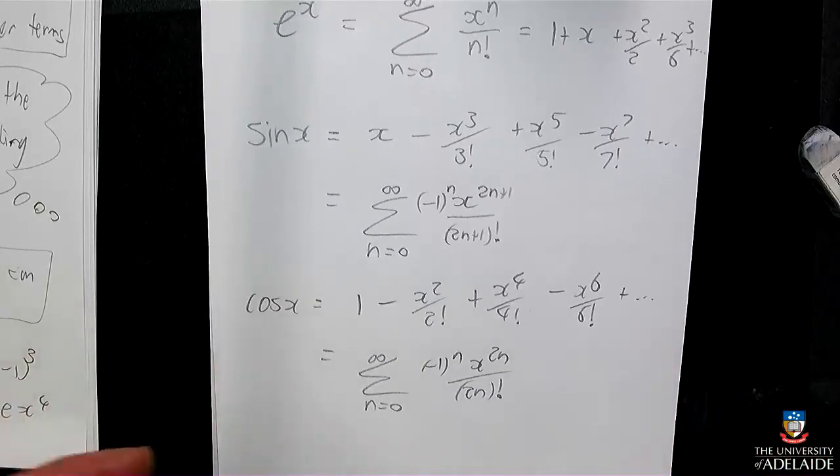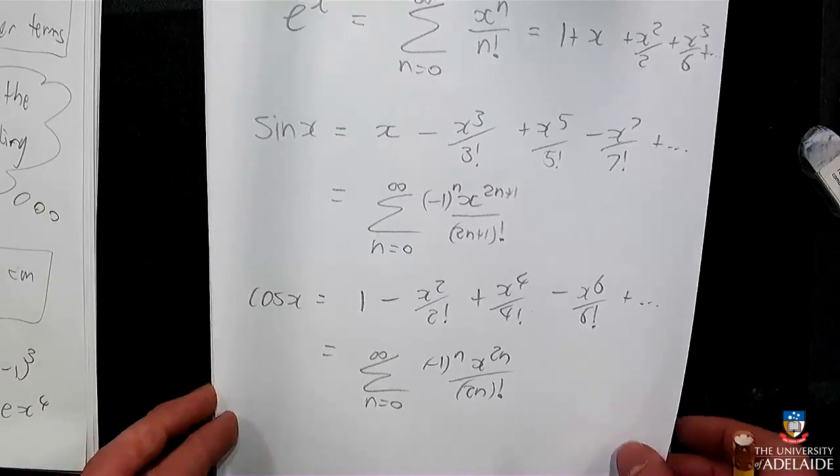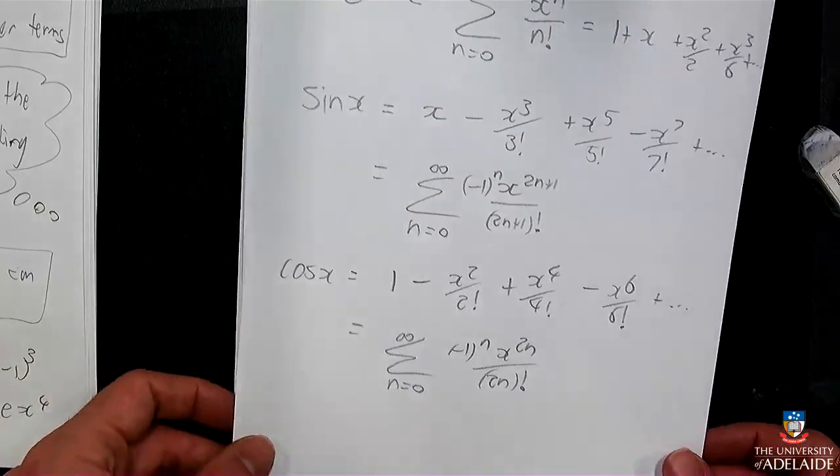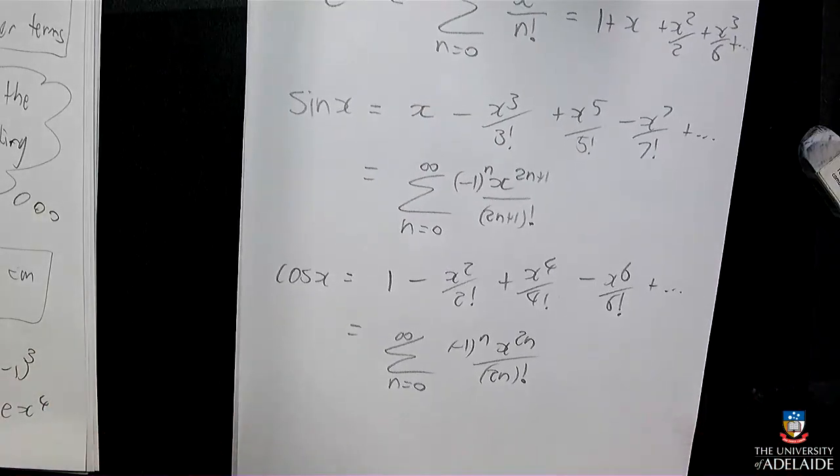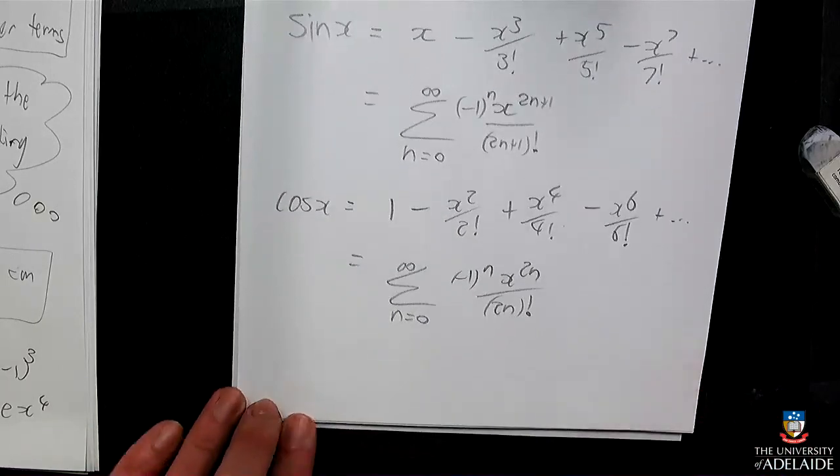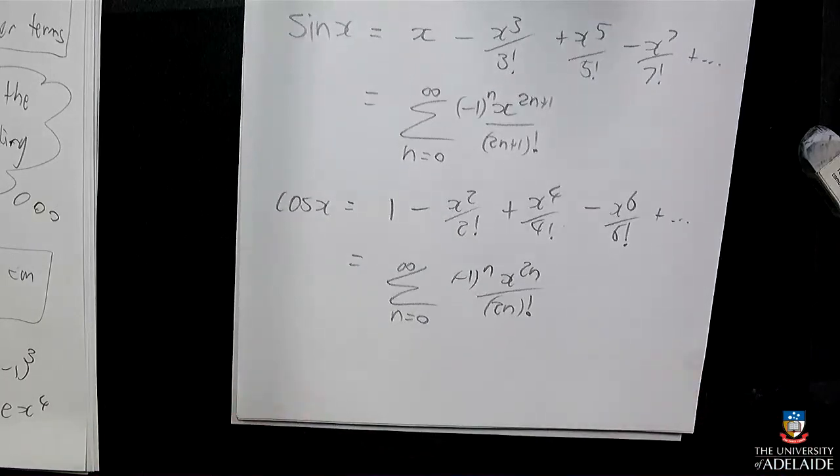And there are two more. I should say, while I'm at it, just because I feel like saying it, but not because they expect you to remember it, that sinh and cosh, the hyperbolic trig functions, are the same as sine and cos, but without the minuses.